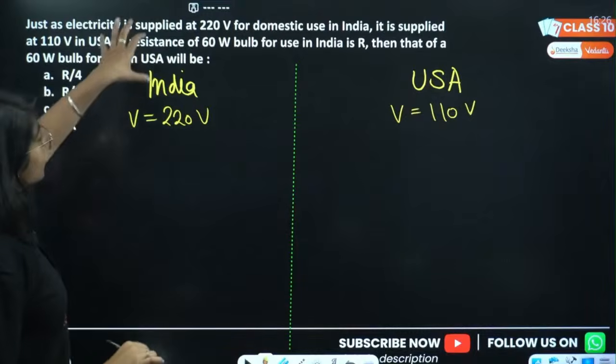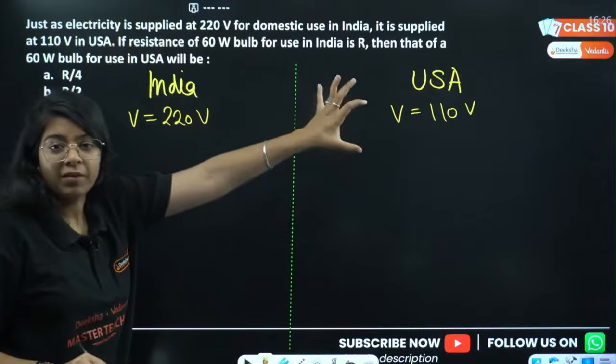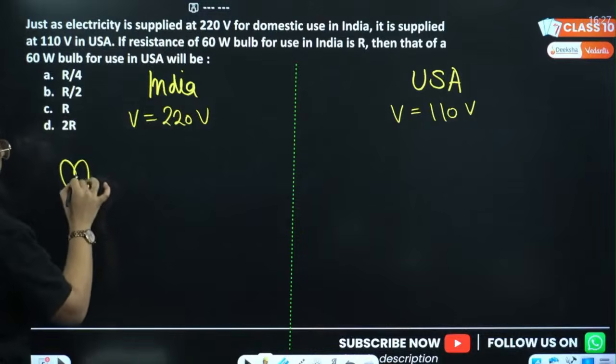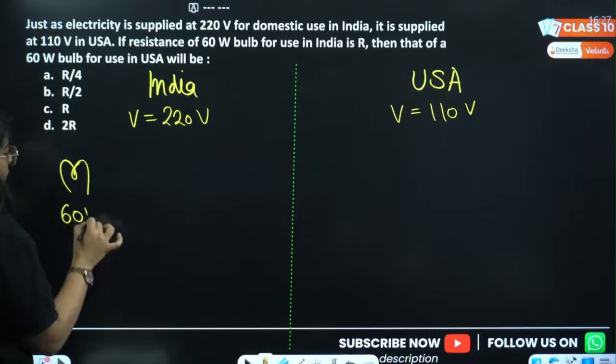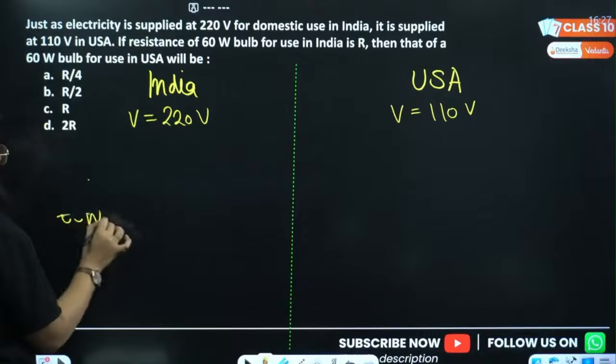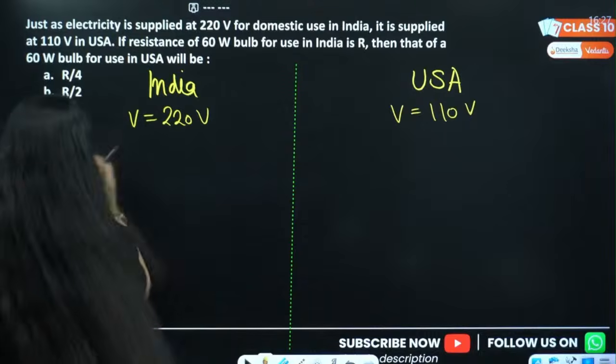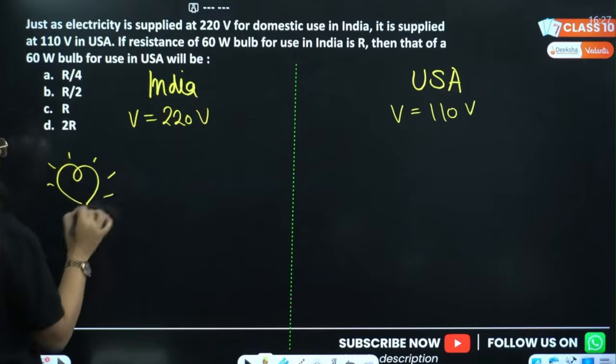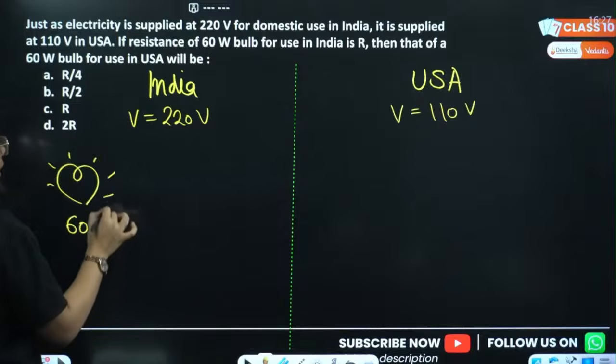Now, if resistance of a 60 watt bulb, we have a 60 watt bulb, this is a bulb and it is of 60 watt, correct?